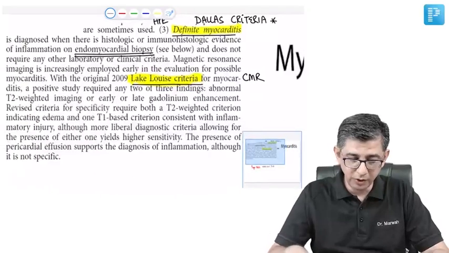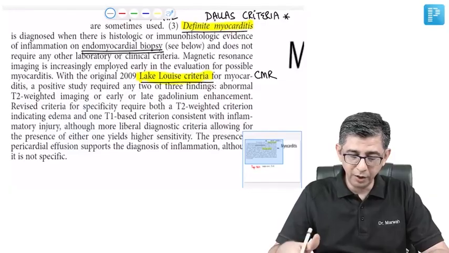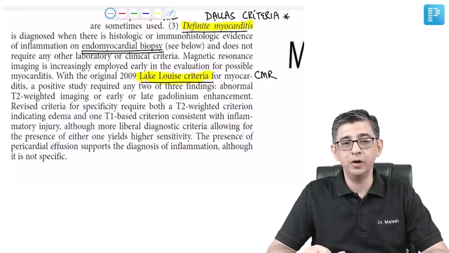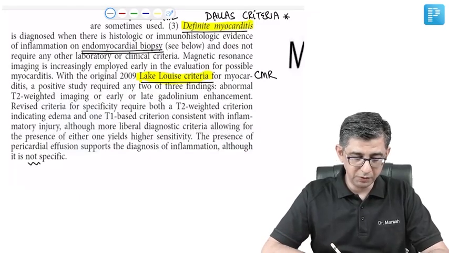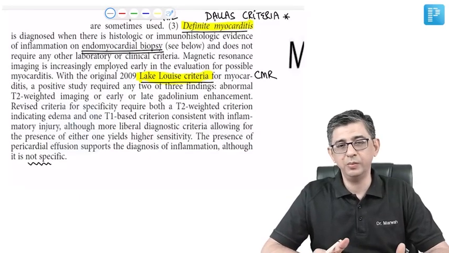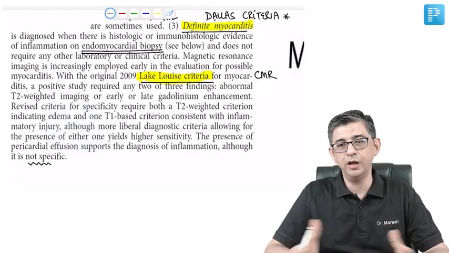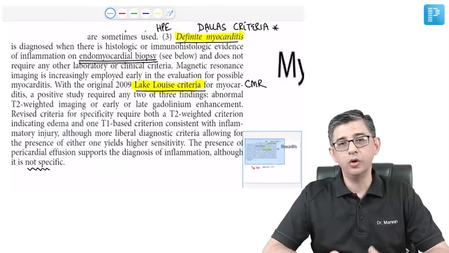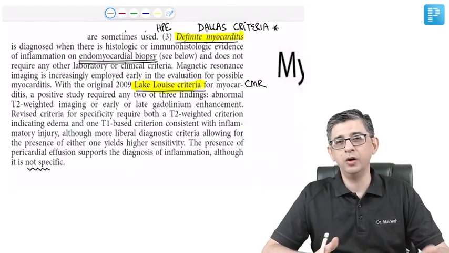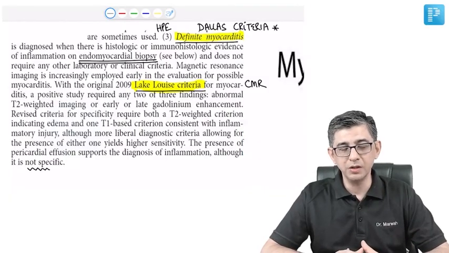Yes, that is also given in Harrison, that with cardiac MRI you can pick up myocarditis. And he also says that the findings are not specific, but there are certain criteria that help you identify myocarditis. Overall, tissue diagnosis would always matter. Cardiac MRI may not be able to provide you with a tissue diagnosis.